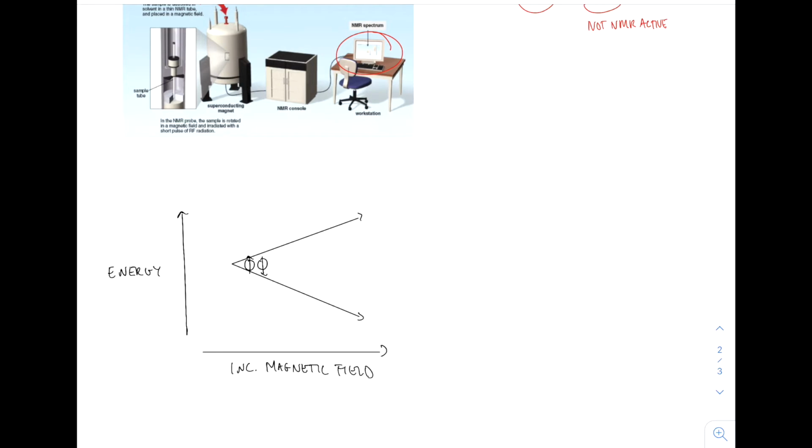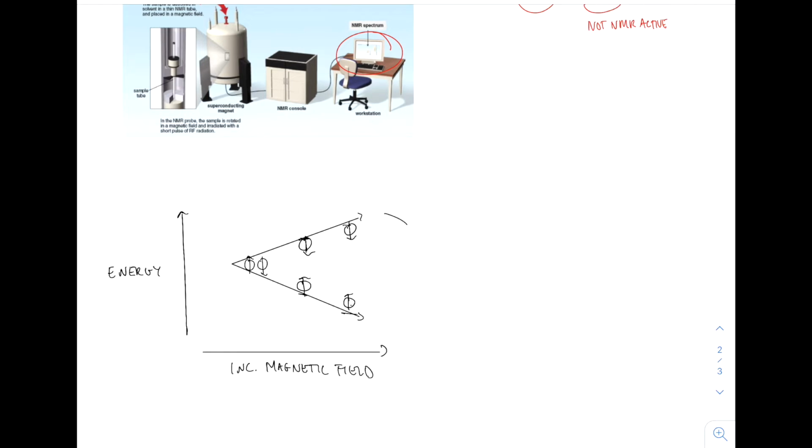As we increase that magnetic field, these angled arrows represent the relative energy differences. For example, here we've got this lower energy state with this higher energy state. That's one energy level. Then as we increase the magnetic field a little bit more, coming down here, we can get another energy state.